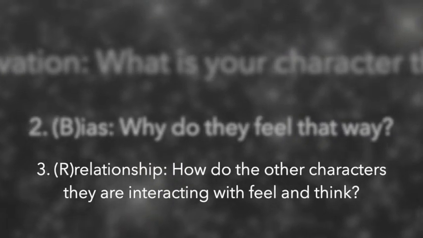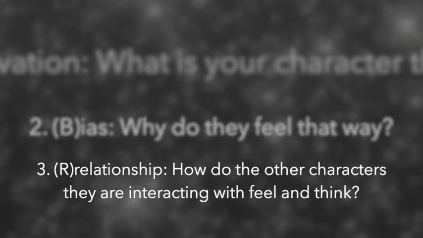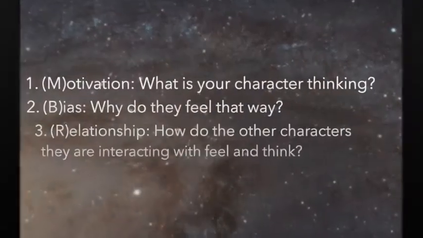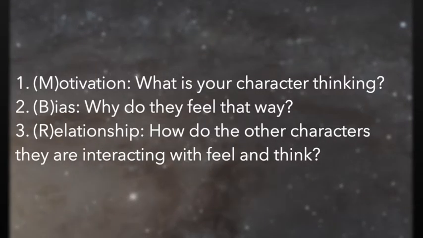How do the other characters they're interacting with feel and think? Ask these questions for your protagonist, minor characters, and antagonists in every scene, in every action that they make. These questions will help feed into your story's tensions, struggles, and the ultimate outcome of the story.